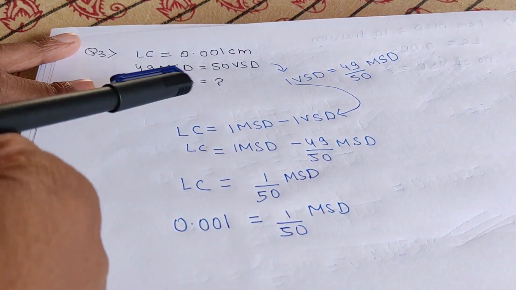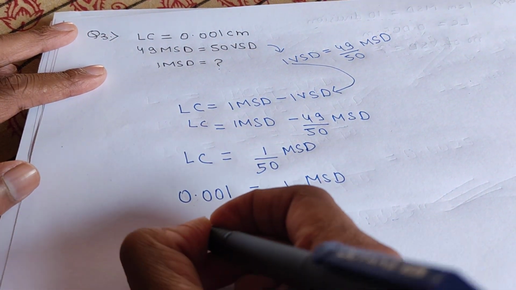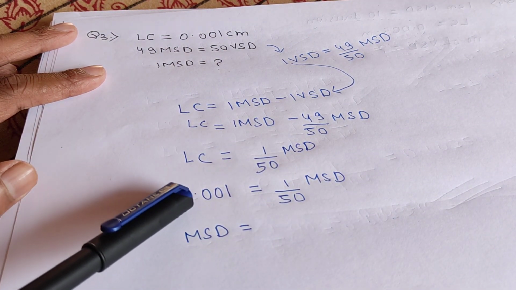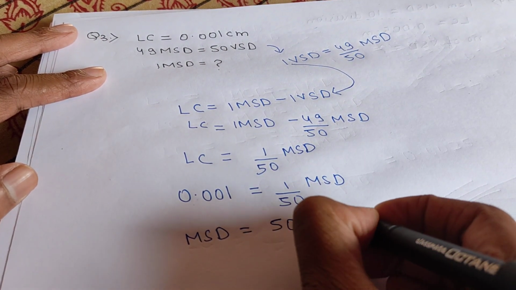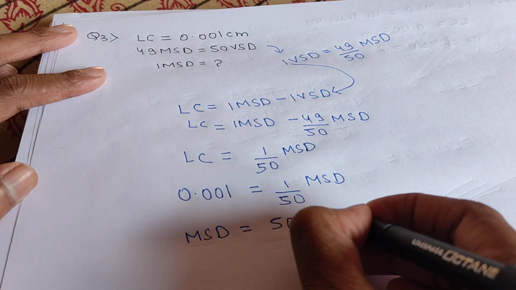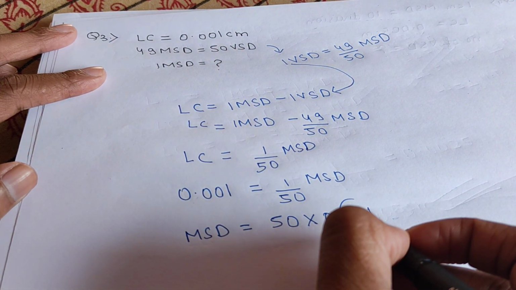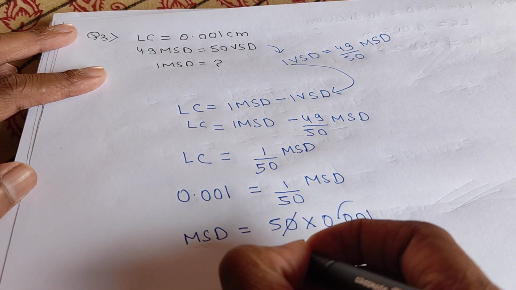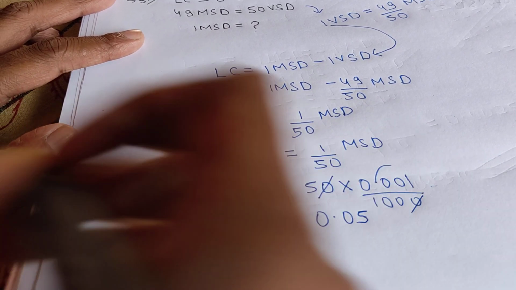We need to find 1 MSD, so we will multiply 50 into this decimal, 0.001. Taking the decimal out, it becomes 0.05.